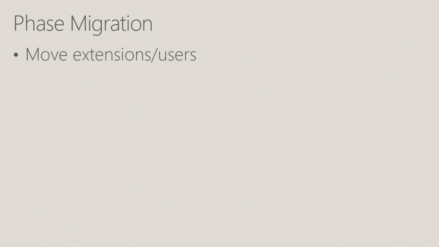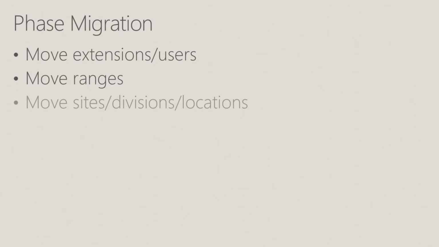So you can move single users, single extensions out to the cloud. You can move ranges. You can move sites as they're ready. You can move divisions and locations. It really doesn't matter, because as long as you have that session border controller in the middle and you have other PBXs around, you can control what numbers go where.